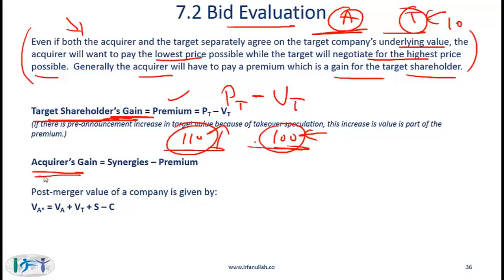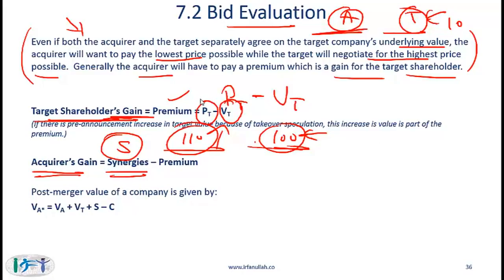What about the acquirer's gain? Why is the acquirer trying to take over the target? Probably because there are some synergies, otherwise it would not make any sense. Let's say the value of the synergies is given by S. So, a very simple example: the value of the target before any discussion was 100, and let's say that the price being paid is 110.